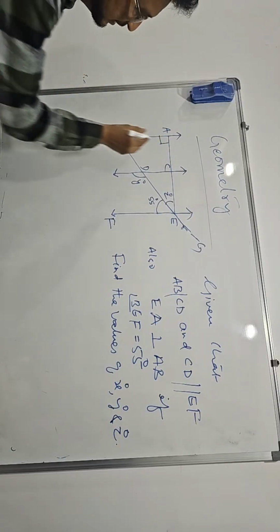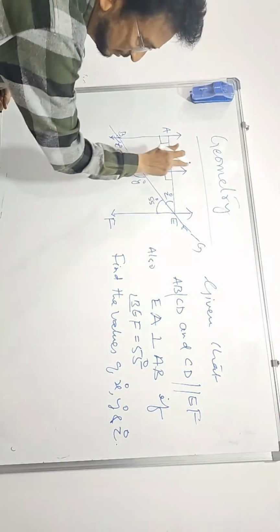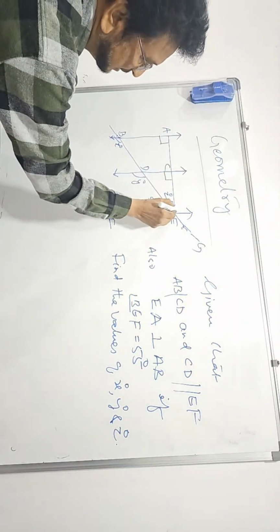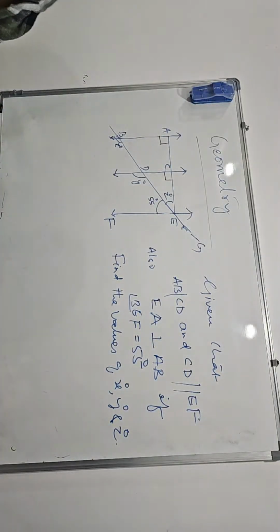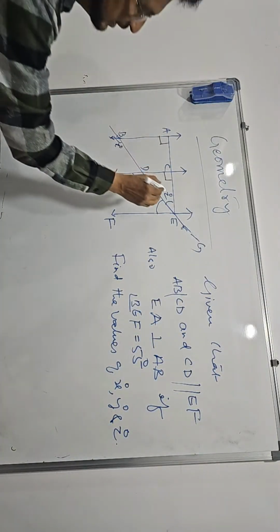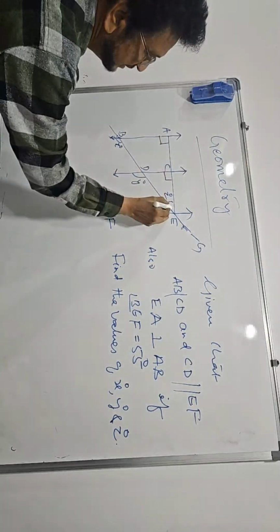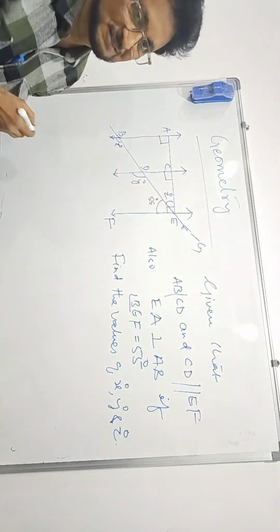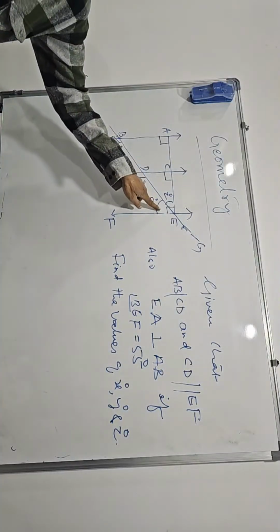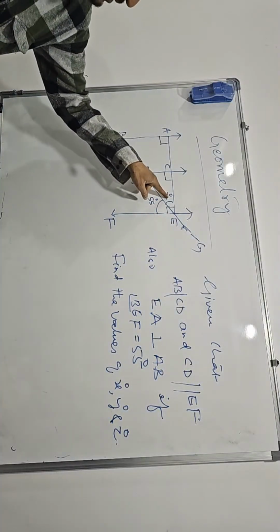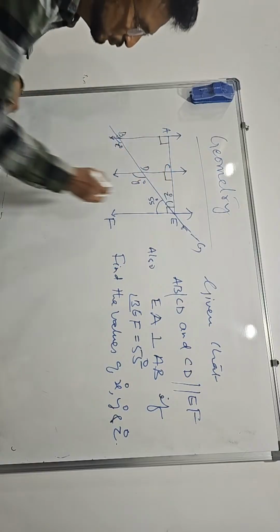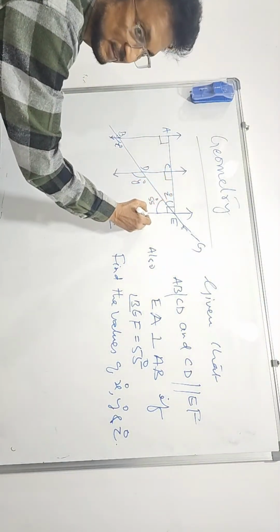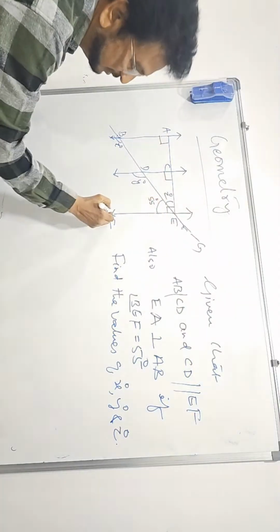This is perpendicular on this line also, and also it will be perpendicular on this line. This is 90 means this angle also will be 90. If this is 55, then what should be Z? 55 plus something is 90.